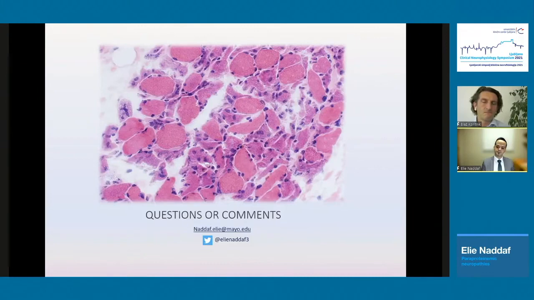You can just repeat the protein electrophoresis and the free light chains, and check for any end organ involvement like a CBC. You don't have to always keep repeating the immunofixation, for instance, because you know the protein is there. You just want to make sure it doesn't go above a certain average.